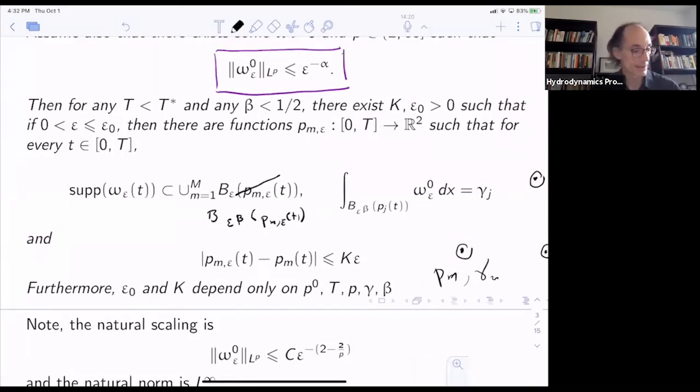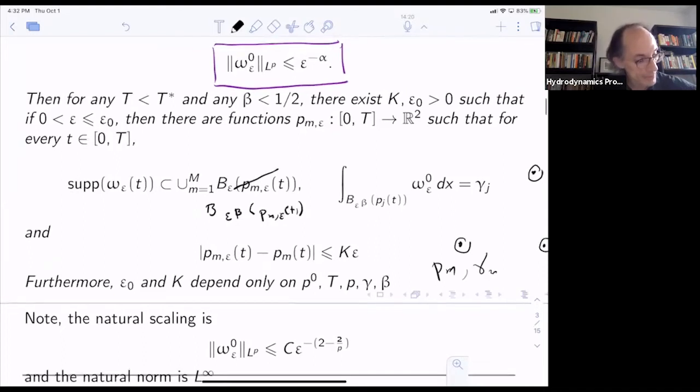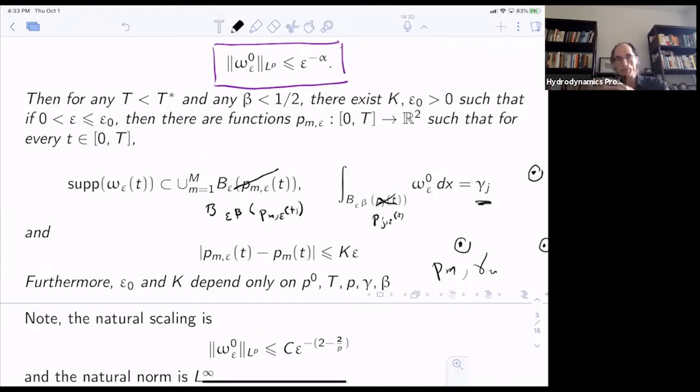And then again, there should be a P_j^epsilon(t). So if I look at the vorticity concentrated in this ball of size epsilon to the beta around the approximate trajectory, then that's the amount I started with. And so the ball gets bigger, it moves around, and it contains the whole initial vorticity of the jth ball.